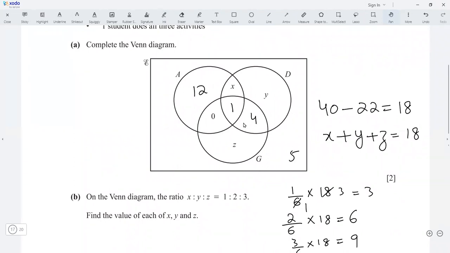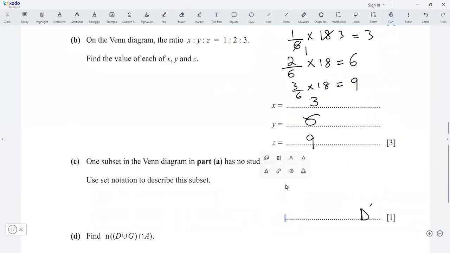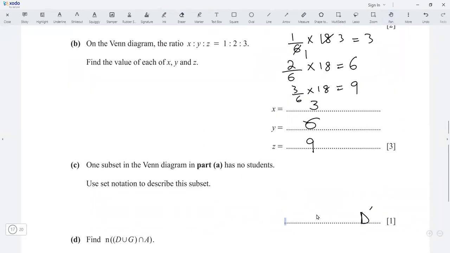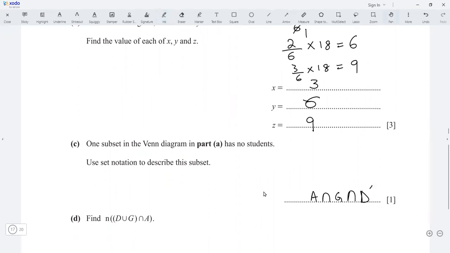But it must also have the intersection with the other two sets, A and G. So we can write A intersection G, intersected with D complement, and that will be the final solution.